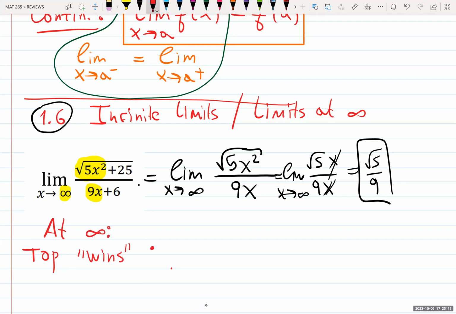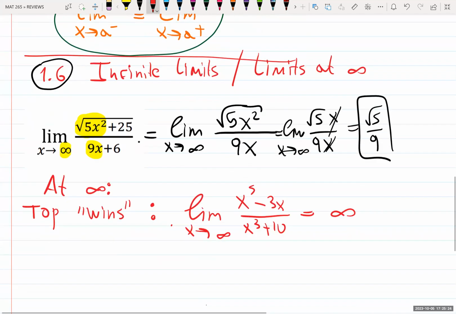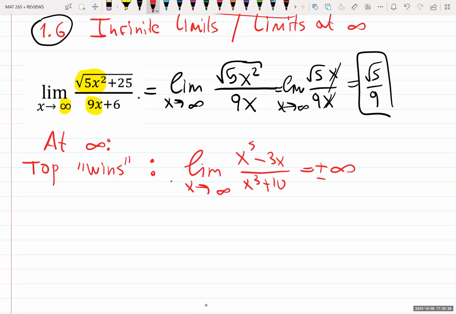If the top wins, for example, the limit of x to the 5 minus 3x over x cubed plus 10 as x goes to infinity, the top wins, it gives you infinity. It can be plus or minus infinity, and also can be DNE if the left limit is not equal to the right limit. But at least you know it blows up because infinity over stuff is infinity. If the top wins, it means the top increases faster than the bottom, and at some point the difference will be so big that everything blows up.